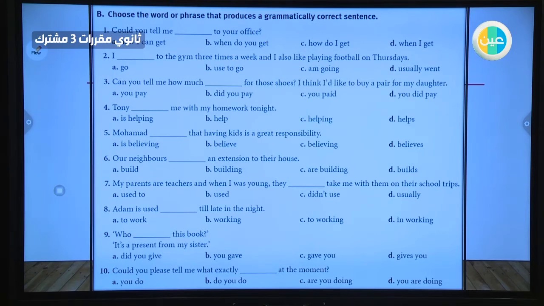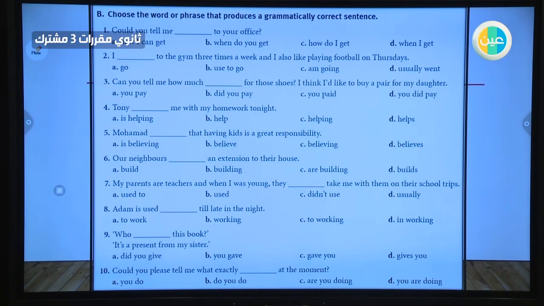Number 4: me with my homework tonight. What do you think? Is helping, because tonight is a now, present progressive. Muhammad, that having kids is a great responsibility. What can I use here? Okay, I can use believes here. Why? Do you remember stative verbs? Okay, stative verb, yes.